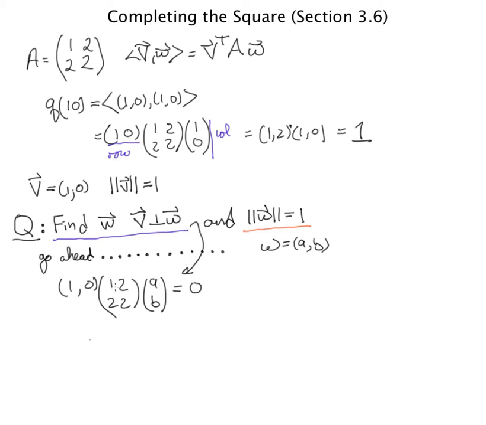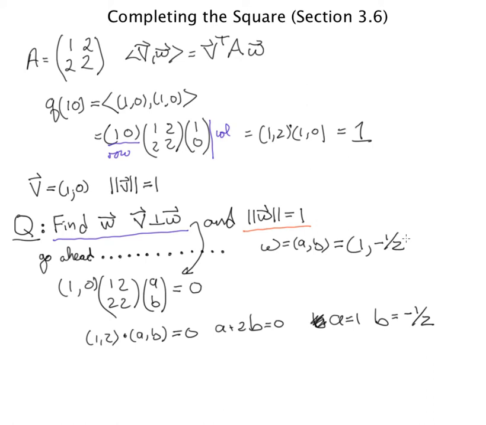And this says 1, 2 dot A, B is equal to 0, which is to say A plus 2B is equal to 0, which says that I could take A is equal to 1 and B is equal to minus a half. Okay, so that's W, 1, minus a half. That's the W satisfying the first condition.